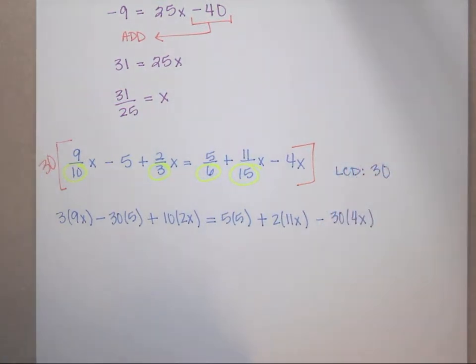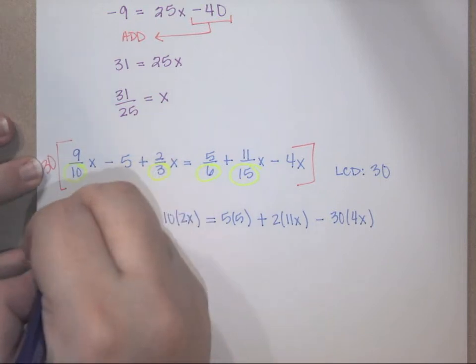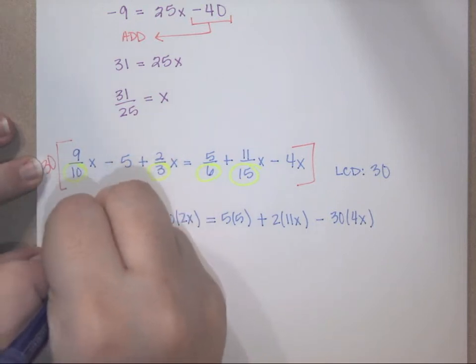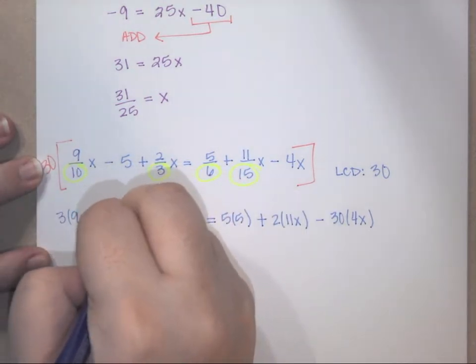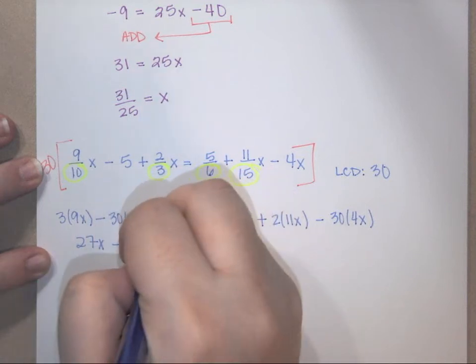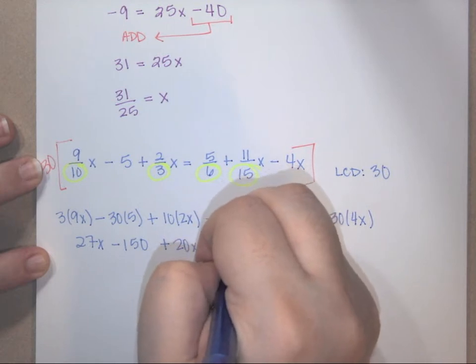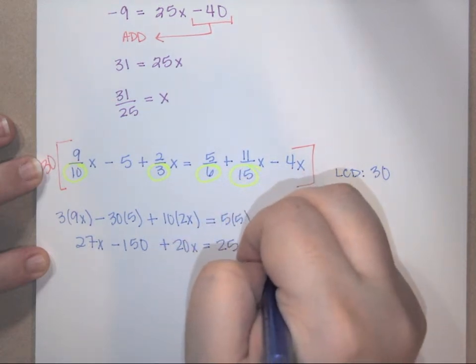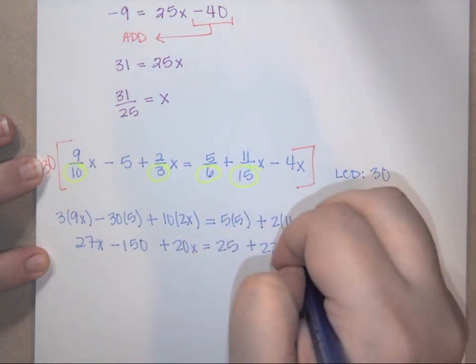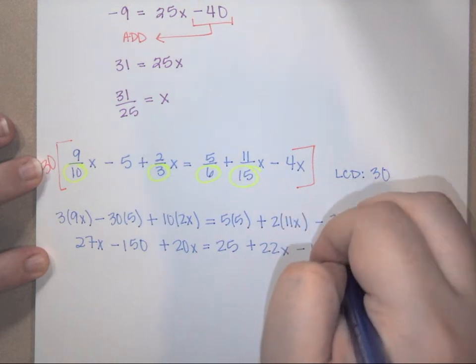Okay? So here 3 times 9 is going to give me 27x minus 150 plus a 20x equals 25 plus a 22x minus 120x.